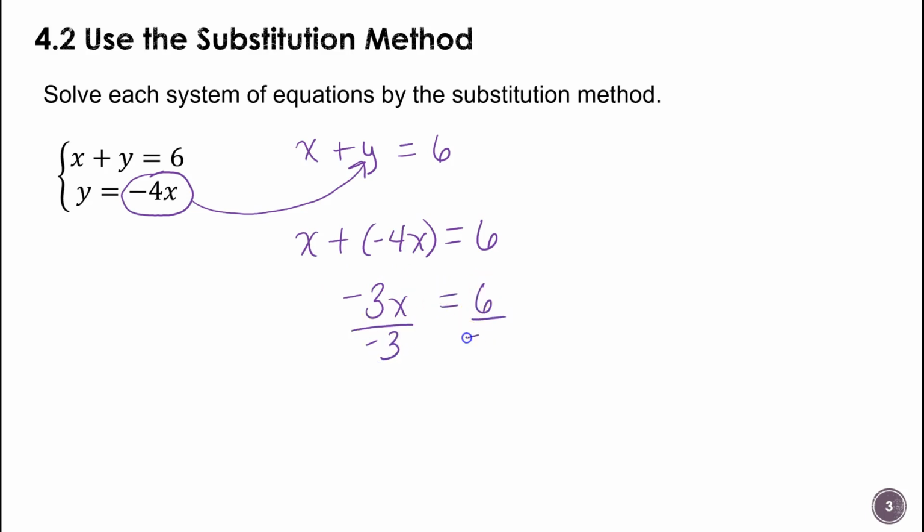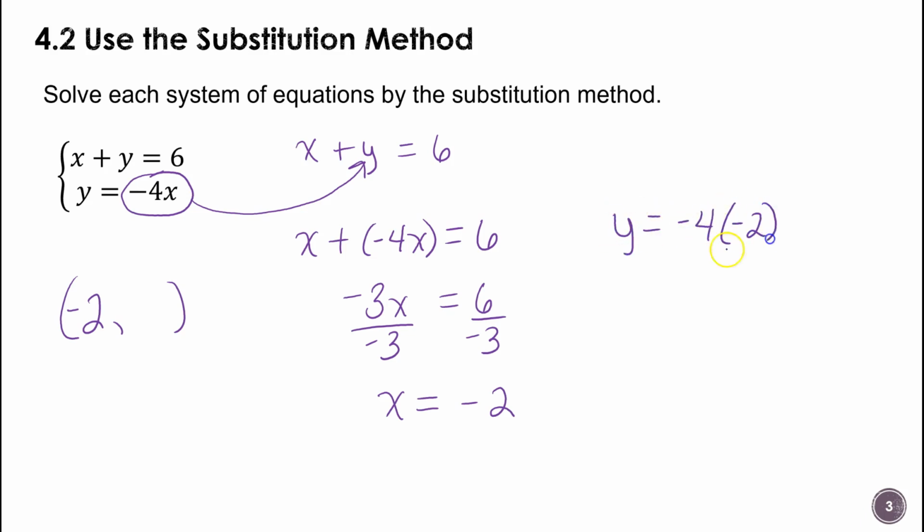Divide by negative 3 on both sides, and x is negative 2. So I have a solution of negative 2 for the x, but I don't know the y. So then I take the equation for y and replace x with negative 2, and y equals 8. So my solution is negative 2, 8 for this system of equations.